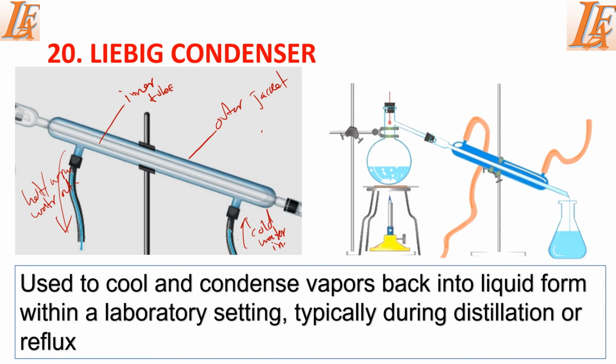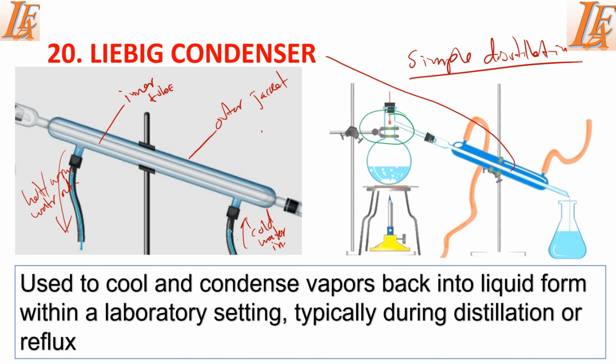Like on the screen here, we have a simple distillation setup. It's a simple distillation because it does not have a fractionating column. But the most important is that we have a Liebig condenser here.